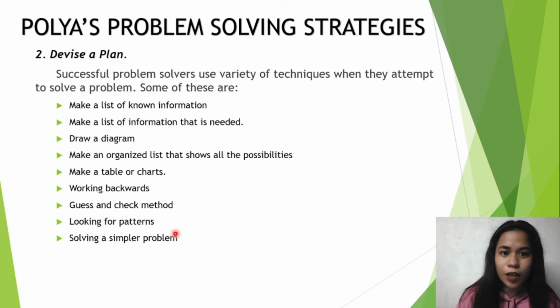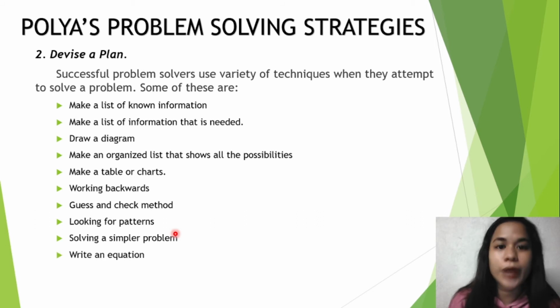Siyempre, magsistart tayo muna sa pinakasimpleng paraan, paulit-ulit tayong magsosolve ng problem. Paulit-ulit natin tinatry kung ano ba yung tamang sagot doon sa problem na binibigay sa atin. And last is you're going to write an equation.